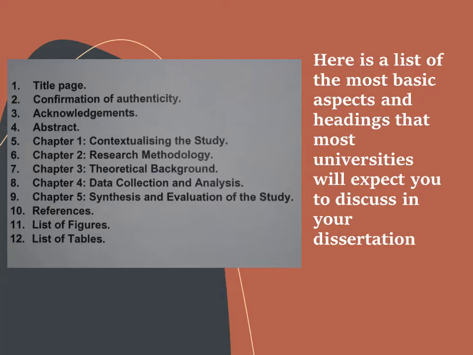A title page, confirmation of authenticity, acknowledgements, an abstract, your first chapter which should deal with the contextualization of your study, your second chapter which should explain the research methods that you will use, your third chapter which should provide a theoretical background, your fourth chapter which should deal with the collection and analysis of data, your fifth and probably your final chapter should deal with the synthesis and evaluation of your study. After your final chapter should follow your references, a list of tables, and a list of figures.